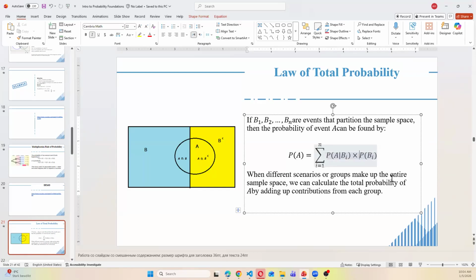When different scenarios make up the entire sample space, we calculate the total probability by adding up the contribution of each group.